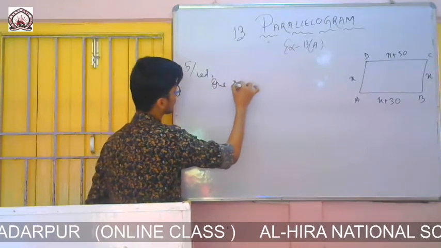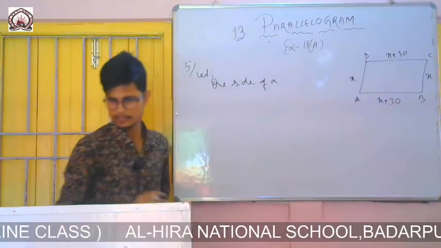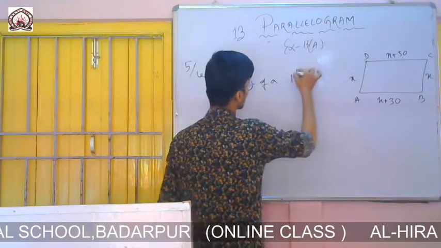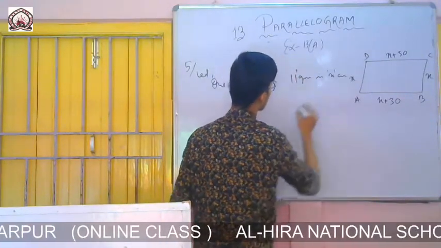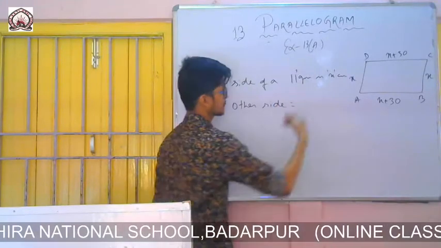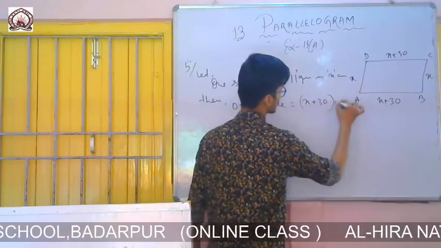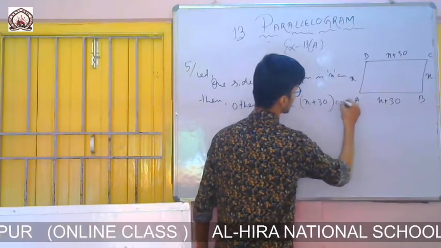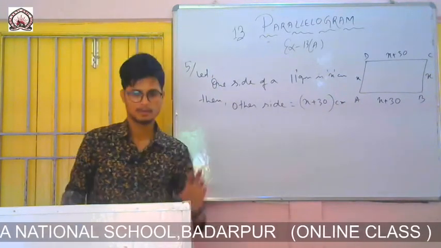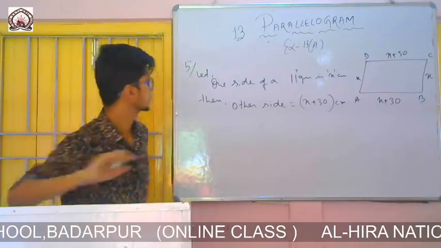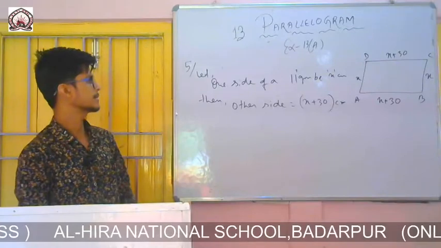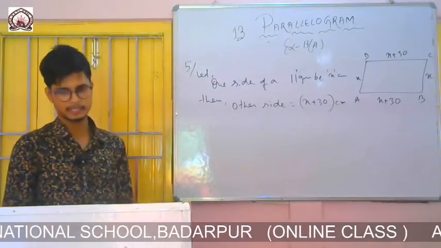Let one side of the parallelogram be x centimeters, then the other side will be 30 more, that means x plus 30 centimeters.